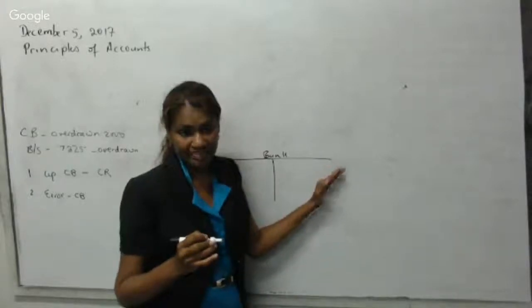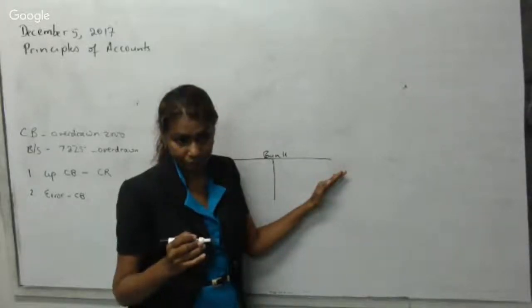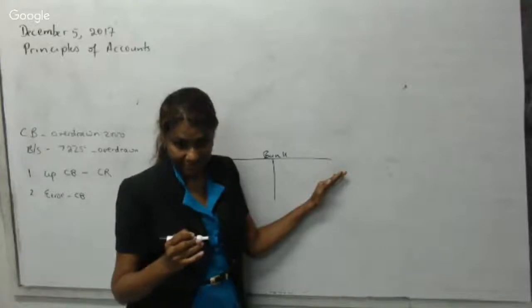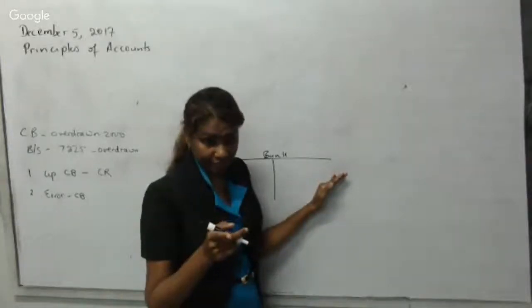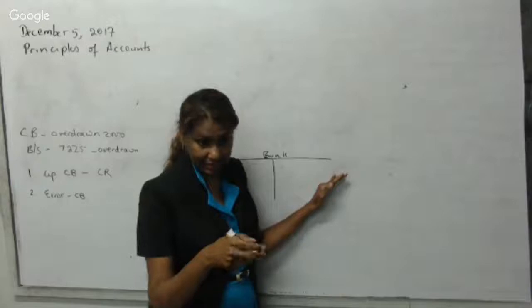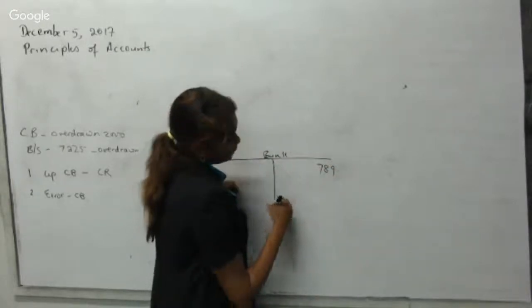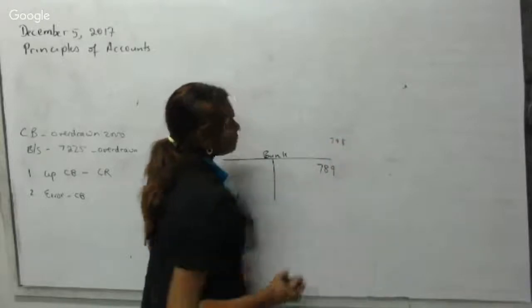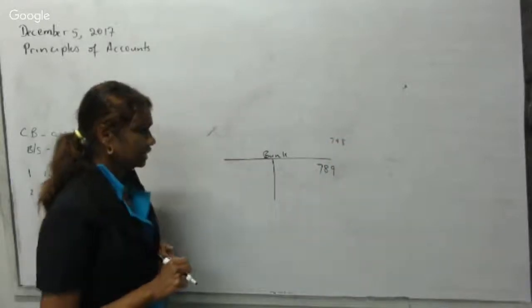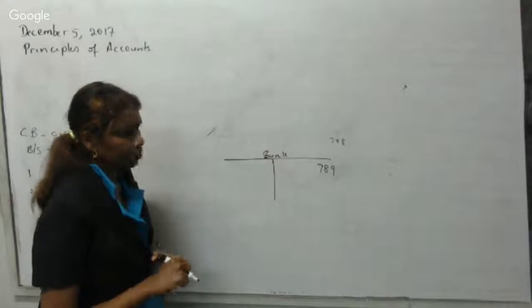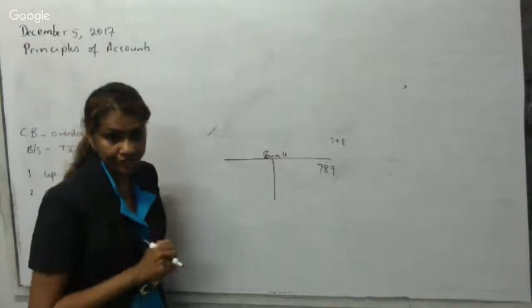How much should the check have been for? $798. Now they did credit, but not with $798, with $789. So they actually entered a figure that was $9 short.